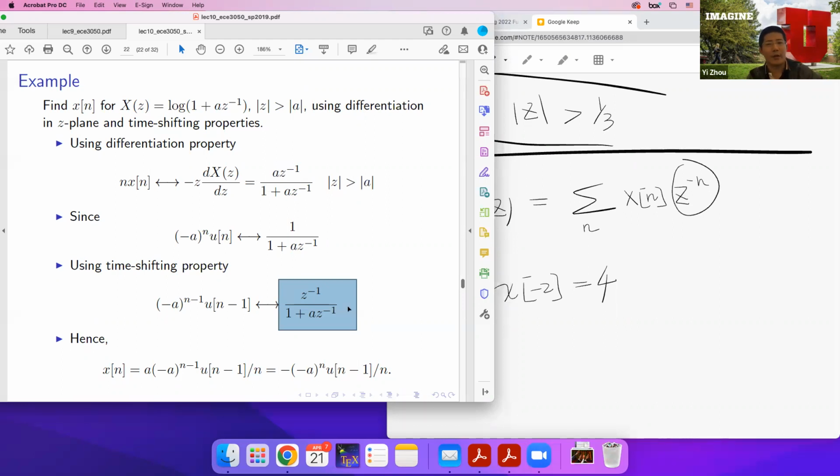Okay, so therefore, you can find out the inverse signal of this Z transform.